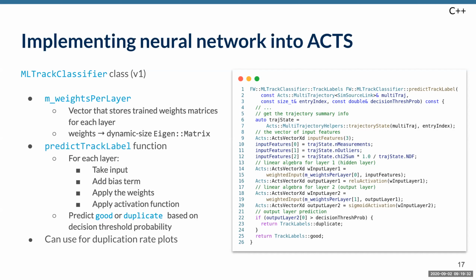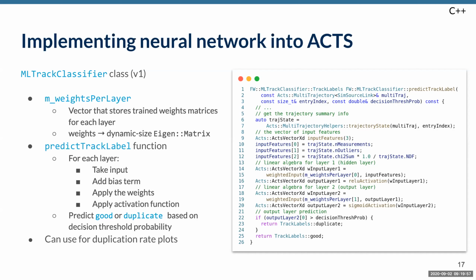For this, we use dynamic size Eigen matrices to store our trained weights and also take advantage of the linear algebra operations that these data structures support. The second important member is the function which does the prediction, called predictTrackLabel in this case. What it does is essentially perform the linear algebra that describes the whole network.